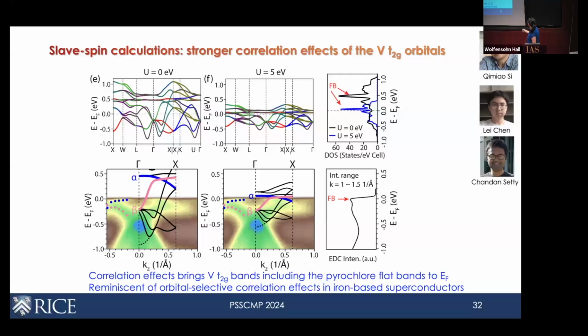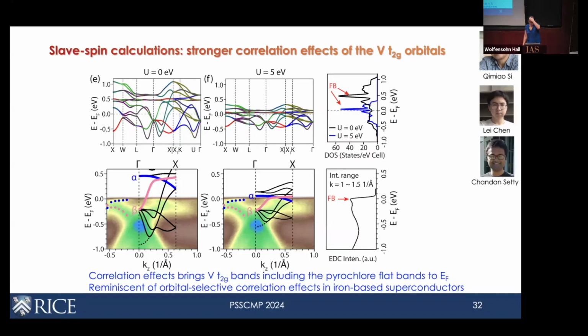What they did is Leighton did a tight binding fit to the vanadium t2g states near the Fermi level, and then put this through a slave spin calculation, and by incorporating Coulomb interactions U, they can renormalize states down to the Fermi level, which actually has a much better agreement with our measurement, not only for the flat band, but also for the dispersive states. You can see here is much better agreement than the bare DFT that we had previously.